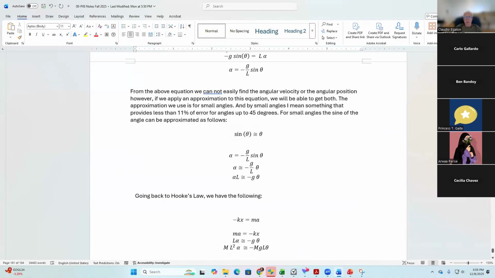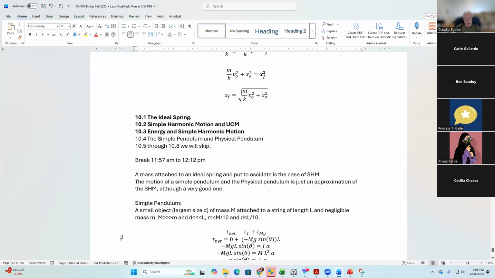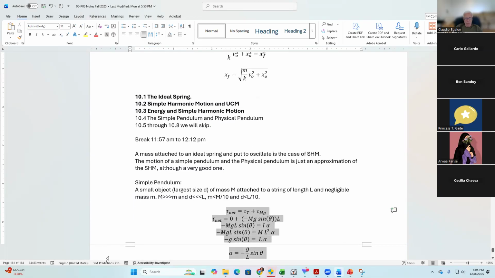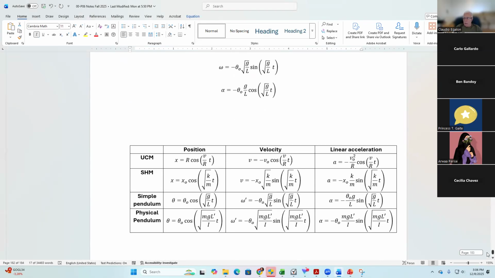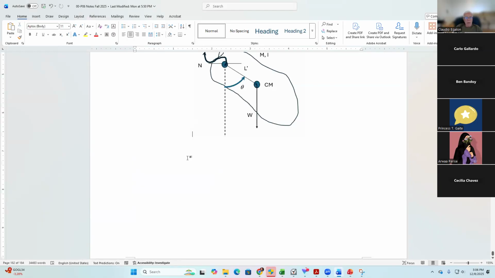We're going to use Newton's second law for a rigid body. And I'm going to copy the whole thing here. It's not going to be exactly the same, but it's going to be very similar to what we did for the simple pendulum.